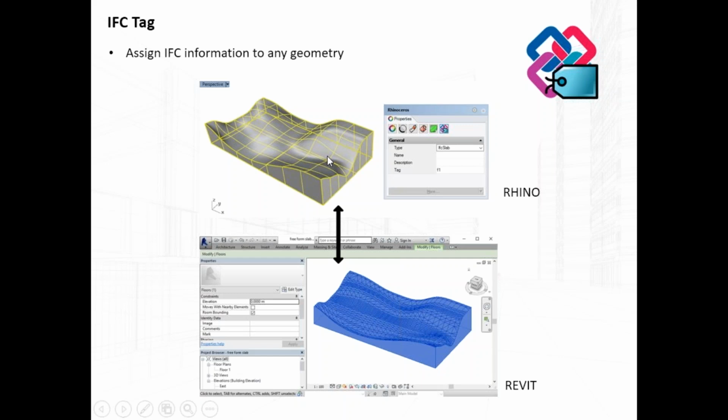For example, this polysurface we can tag as an IFC slab. When this object is exported to IFC, it will be recognized by Revit as a Revit floor. So no matter how many or how complex the objects are in Rhino, you can assign information to them and export them to IFC.